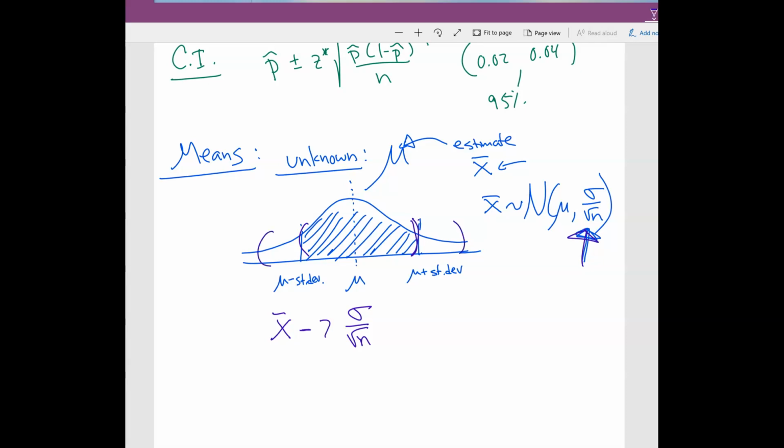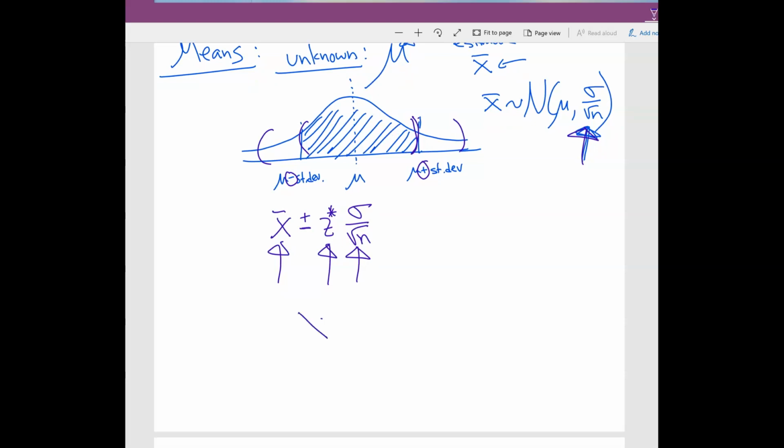So we're going to write a constant z-score. It's very similar to the proportion formula: we have our estimate, our z-score, and our standard deviation. Now all we need is a plus or minus, because it can be a plus or a minus. So x bar plus or minus z star sigma over square root of n is a confidence interval.